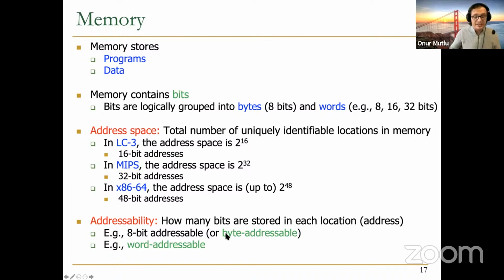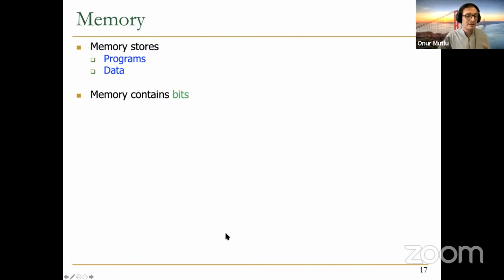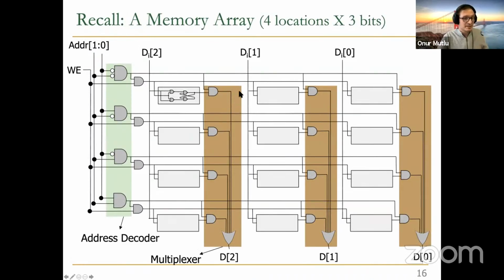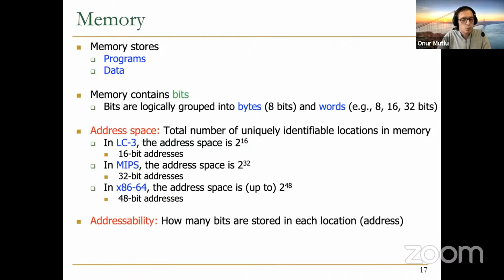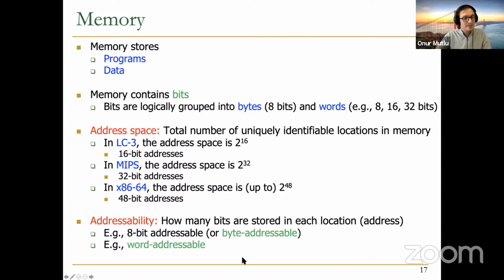But at the lower level, when you build the hardware structure, you may actually build a bit addressable memory. You may say, okay, I have 1 bit stored in each location, and somehow I get different bits from different memories to satisfy the programmer, because the programmer wants 1 byte, okay? So keep in mind that what gets exposed to the programmer as what memory looks like may be different underneath when the memory is physically built.